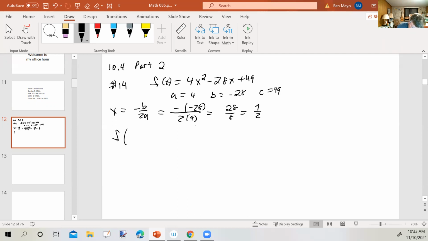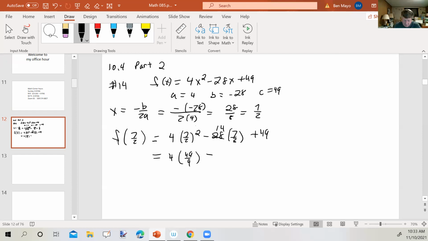Then we're going to find f of 7/2, which would be 4 times 7/2 quantity squared minus 28 times 7/2 plus 49, which is 4 times 49 fourths minus, 28 over 2 is 14 over 1, and 14 times 7 is 98, and then plus 49.